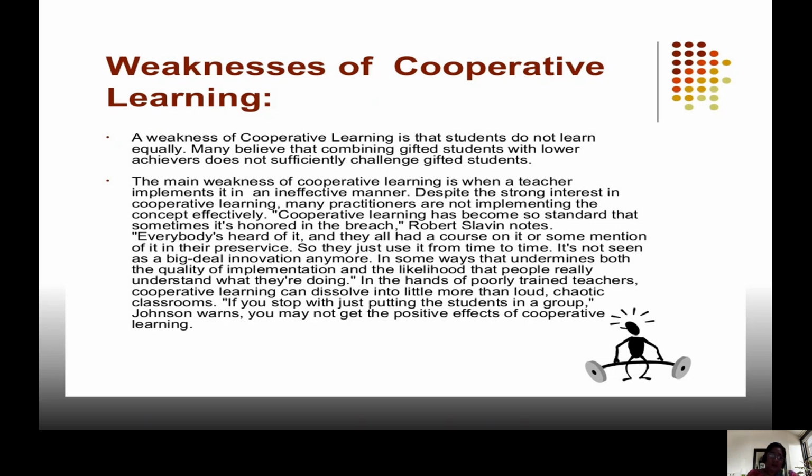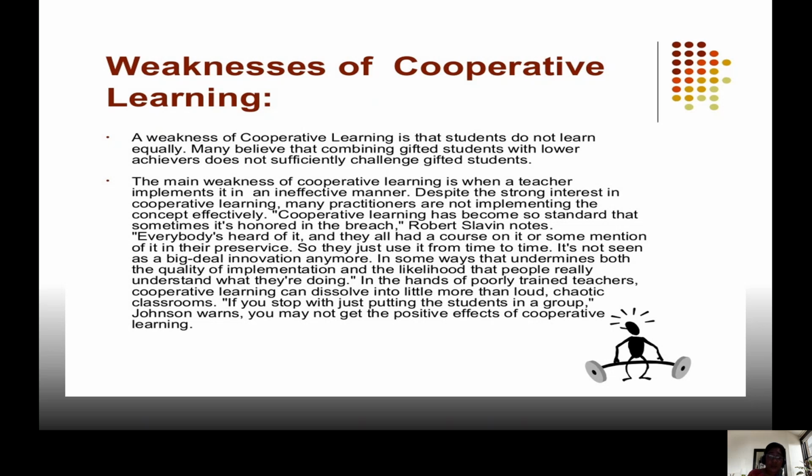In some ways, that undermines both the quality of implementation and the likelihood that people really understand what they're really doing. In the hands of poorly trained teachers, cooperative learning can dissolve into little more than a loud, chaotic classroom. If you stop with just putting the students in a group, Jensen warns, you may not get the positive effect of cooperative learning.